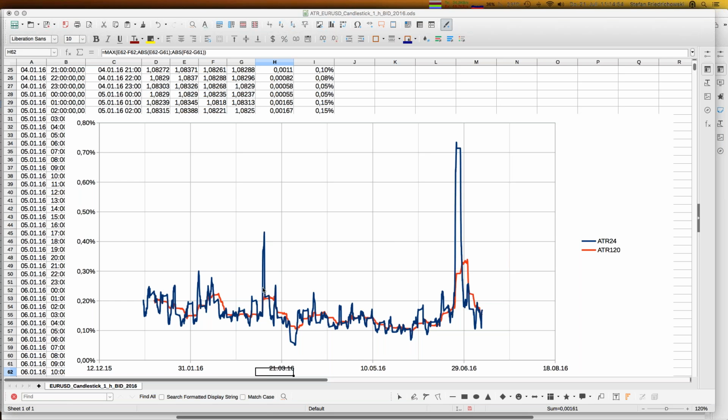So the duration of that peak is always quite short, but the absolute value is not changing that much.